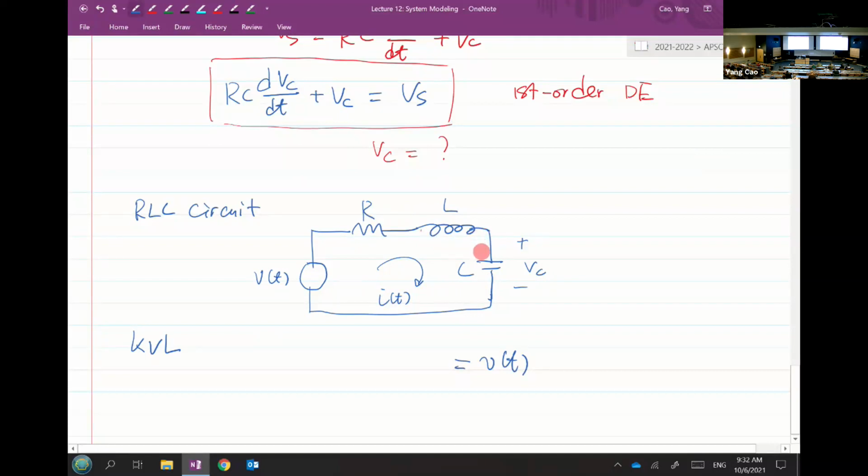The voltage across the resistor is Ri. The voltage across the inductor, as we learned from the previous lecture, is L di over dt. If the current through the inductor is I, then the voltage across L is L di over dt. And the voltage across the capacitor is 1 over C times the integral of I dt.